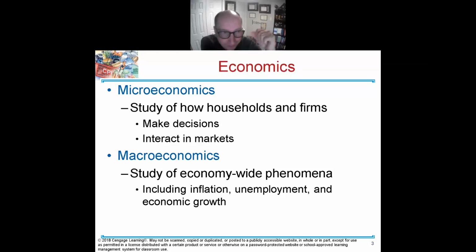That's this course. In 202, if you haven't taken it already, that's microeconomics. It's more like personal economics because it focuses on individual households and companies making decisions and how the markets interact with each other. So think of macroeconomics as 201 and microeconomics as 202. That's how I want you to conceptualize the difference.